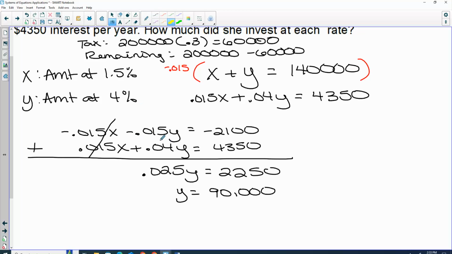I did negative 0.015 plus 0.04. You okay there? Since that one's a negative, you're subtracting. Okay. Once you have y, you can plug it in.